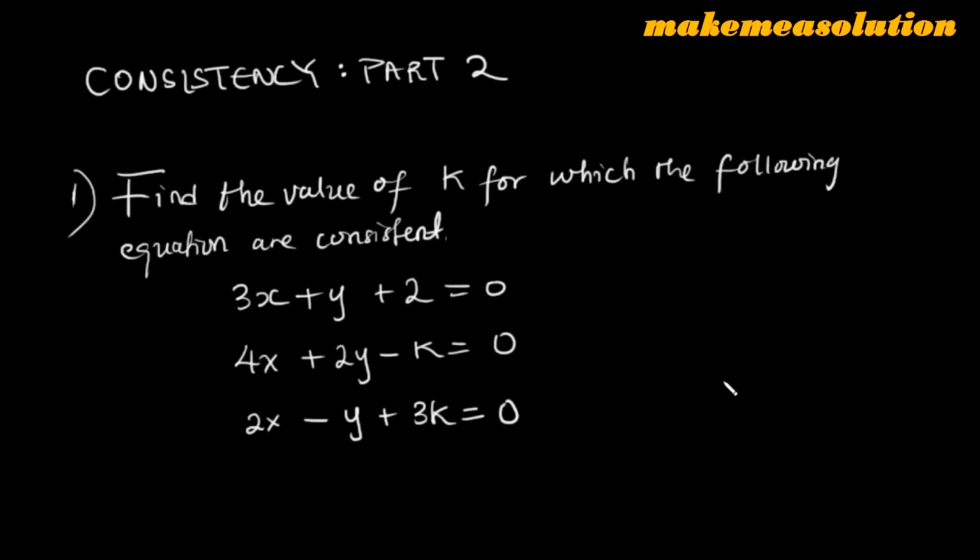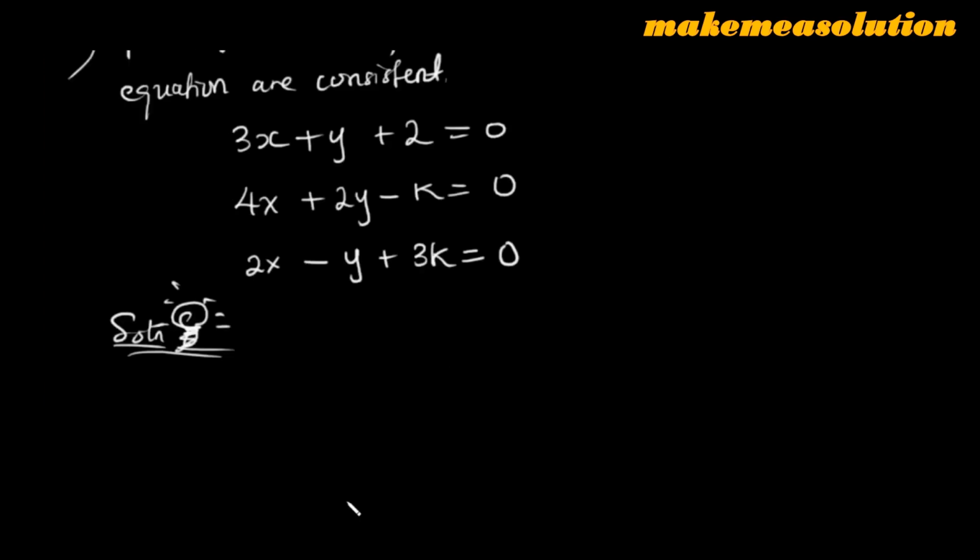If you're given a problem like this, to find the value of k for which the following equations are consistent. So you want to determine the value of k for which these equations are consistent. So we are going to dive into the solution like this. Now, all you just need to know is that for this system of equations to be consistent, then the determinant that is formed by the coefficients of this system should be equal to 0.